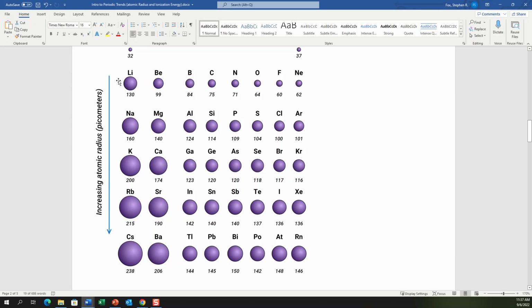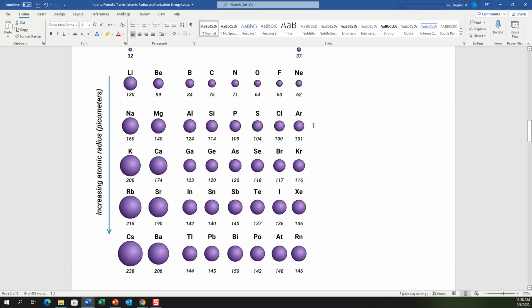So as you go across, shielding stays about the same because you have the same number of core electrons, but you gain a proton in the nucleus. That extra proton increases the attraction of all the electrons in energy level 2, if we're looking at this row, and it pulls those electrons closer to the nucleus, making it have a smaller radius.